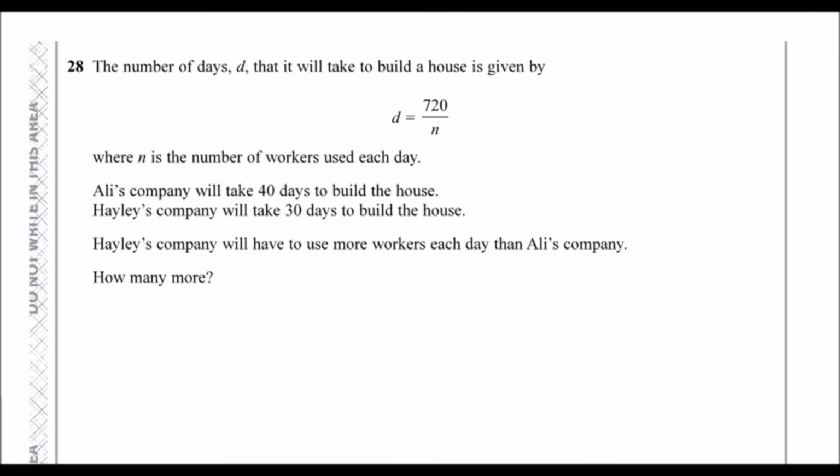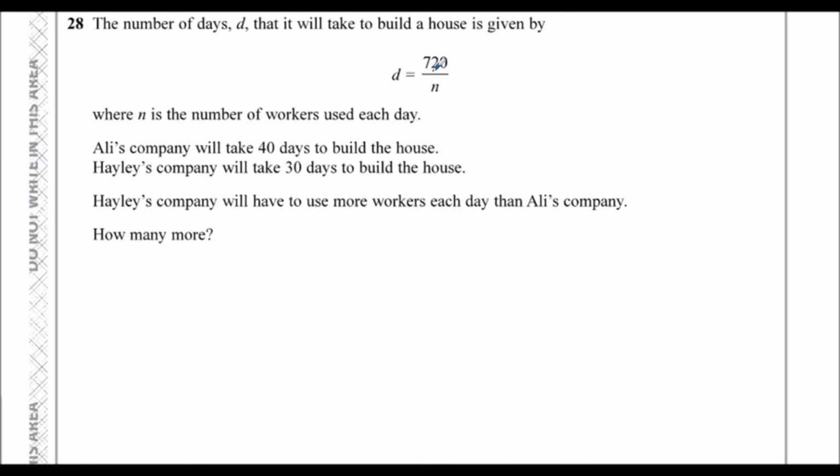So the number of days is 720 divided by the number of workers. So for Ali, it takes 40 days. So 40 is 720 divided by the number of workers.